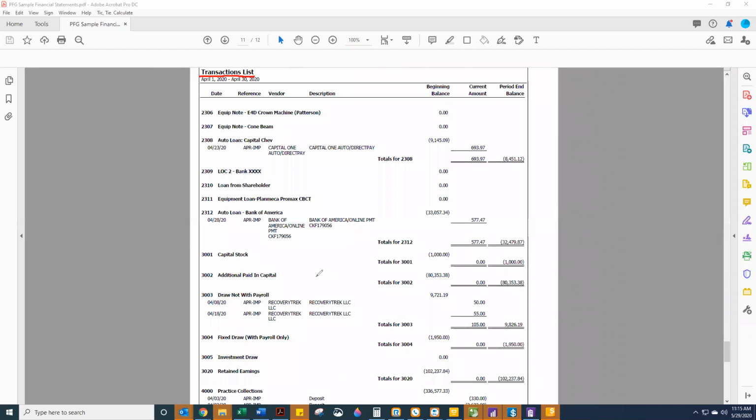Okay, and so one of the really important numbers and accounts in your financial statements is this draw not with payroll. Remember, one of the goals with doing these every single month is to accumulate all of your transactions and get a tax deduction for all of your business expenses.